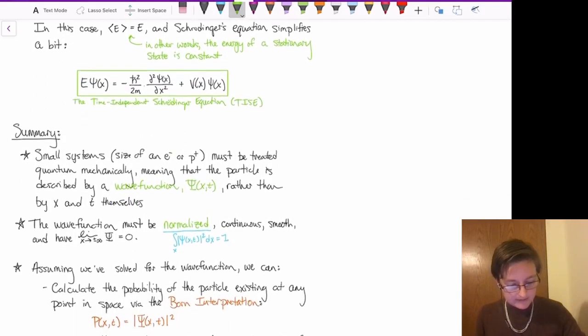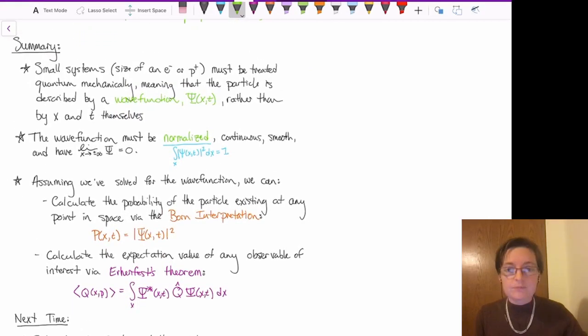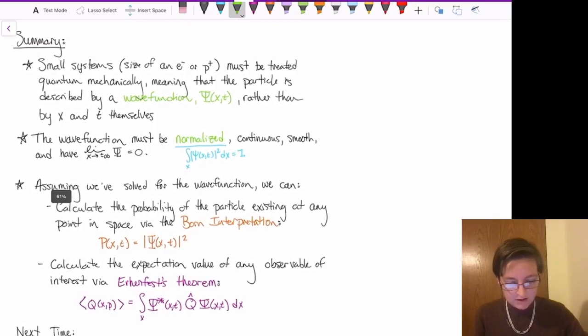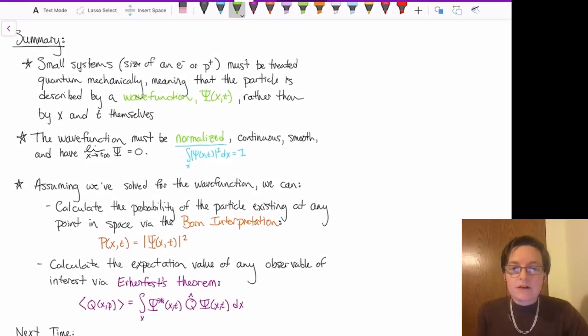So where I'm going to leave us today is with a summary. Quantum mechanics is a study of small systems. So when we start thinking about particles that are the size of an electron or maybe as big as a proton, we have to use quantum mechanics, wave functions, and the Schrodinger equation in order to describe the behavior of that particle.